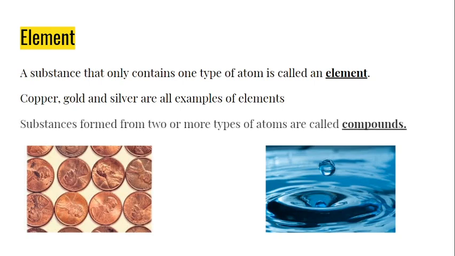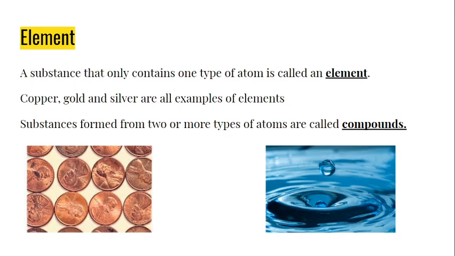However, substances formed of two types of atoms are called compounds. And so that's what makes an element different from a compound. A compound has more than one specific type of atom in it. Water is considered a compound because water has both hydrogen and oxygen in it.